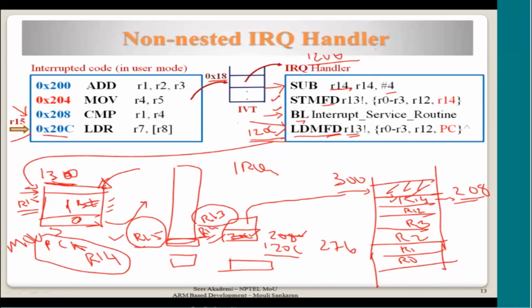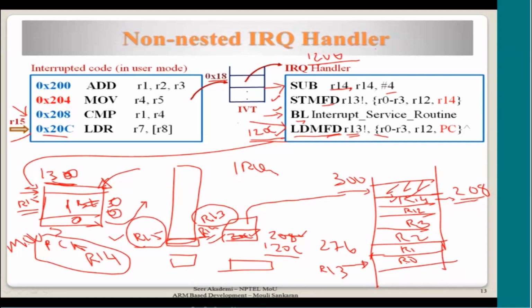Remember how many words are pushed; that many words should be taken out. So in this case, we can assume the stack was either used or not used, but it doesn't matter. When you come back here, R13 would have come back to the previous value. That is what is assumed. That means it is pointing at the location where the last thing was pushed.